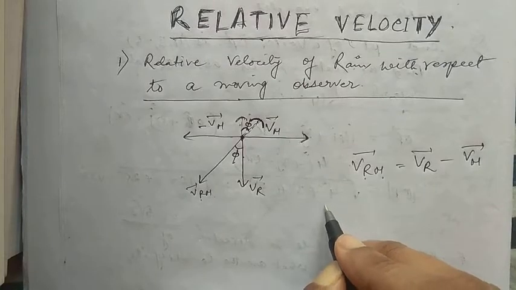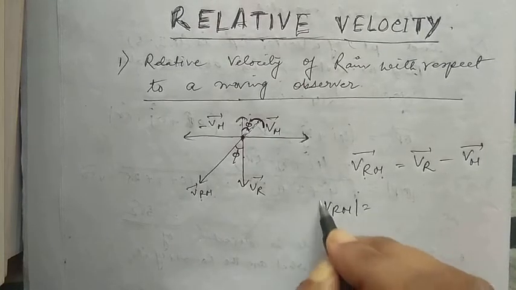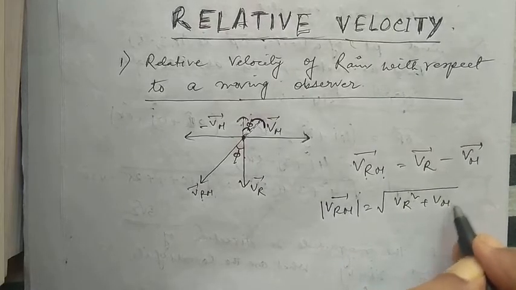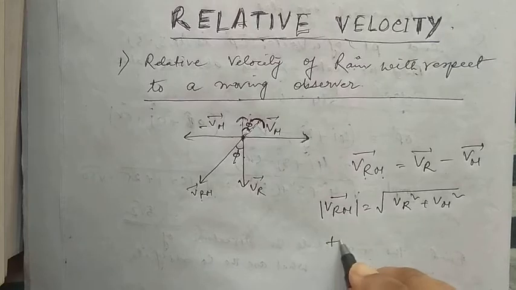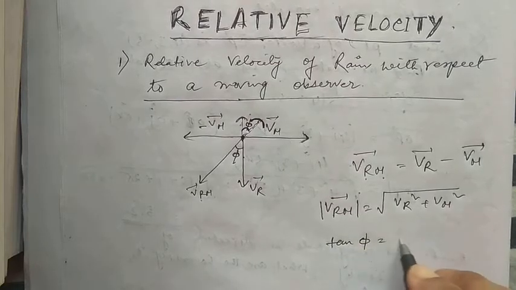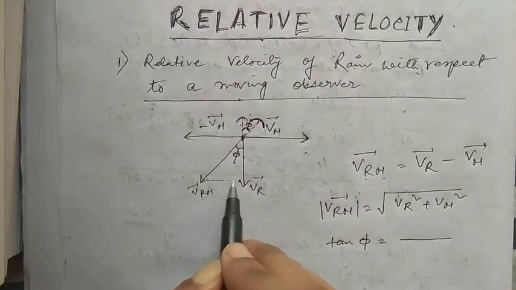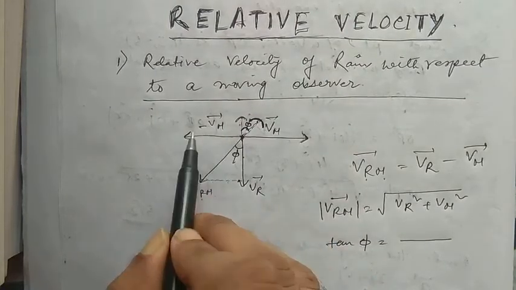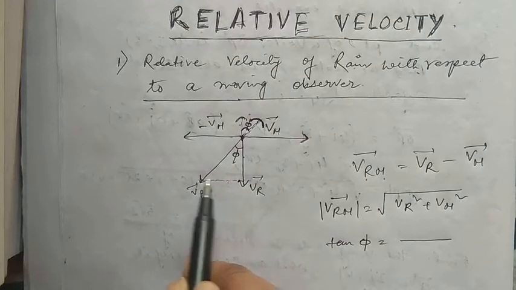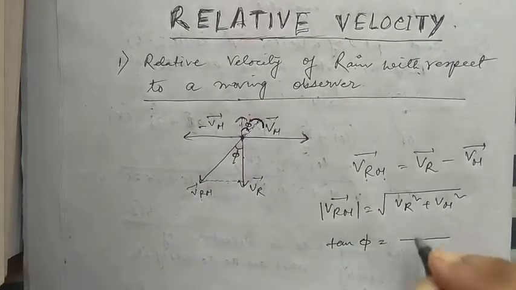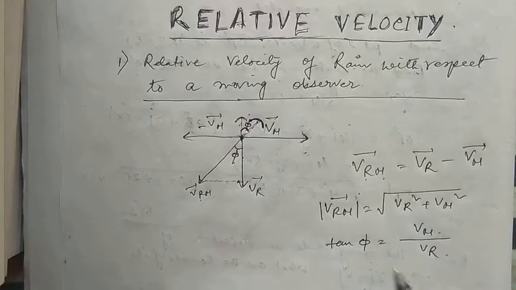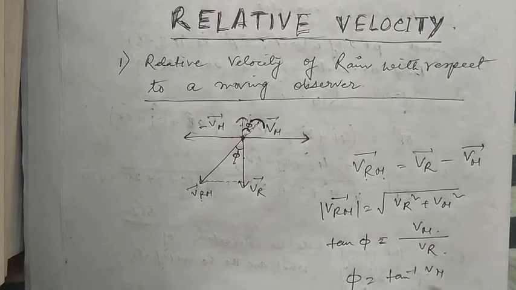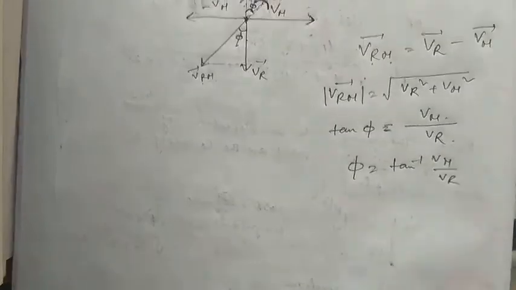One is the magnitude of Vrm, which is the square root of Vr square plus Vm square, and if we complete this triangle, tan phi is equal to Vm by Vr, from which we can calculate phi as tan inverse of Vm by Vr.